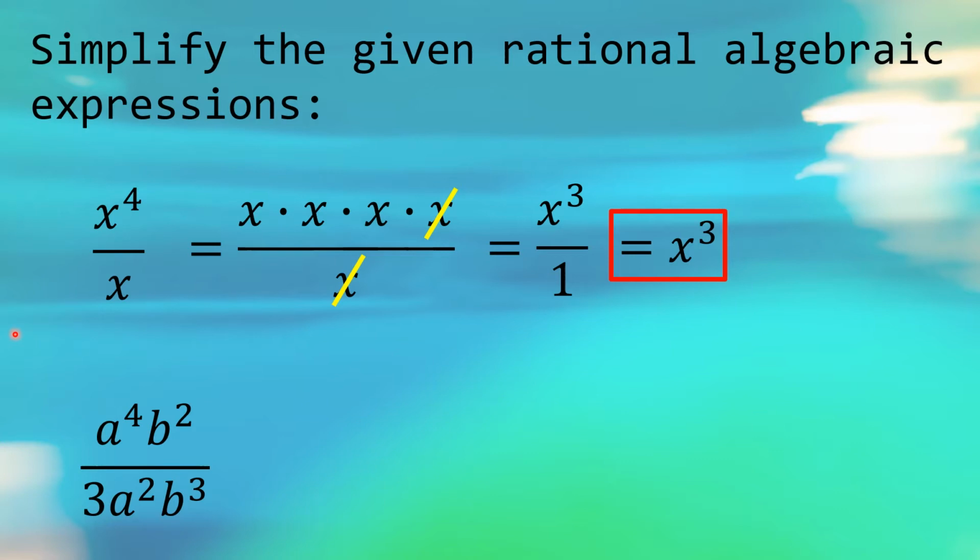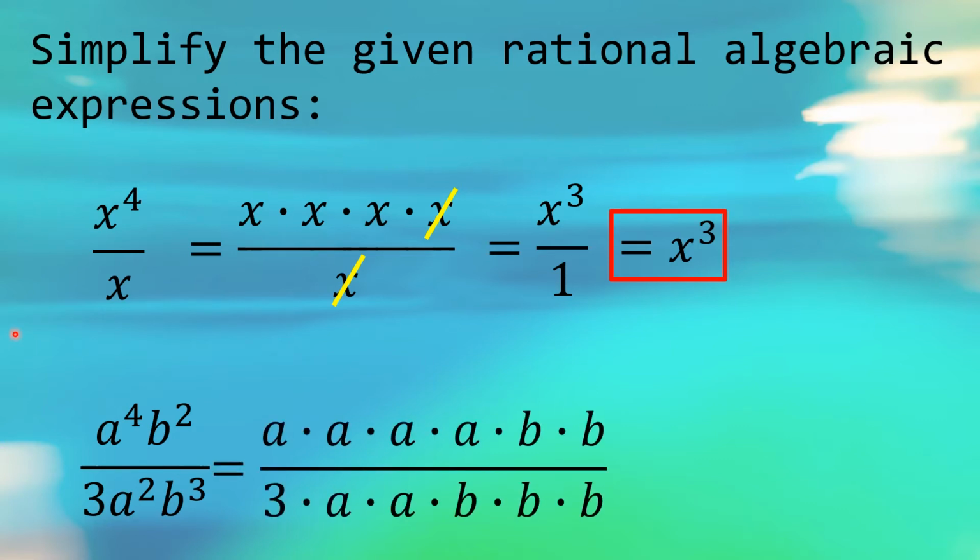And then yung b may exponent na 2, so dalawang beses nating isusulat yung variable b. And then sa denominator, meron tayong constant na 3, susulat lang natin yon. And then yung a, dalawang beses nating isusulat, and then yung b is 3 times or thrice.